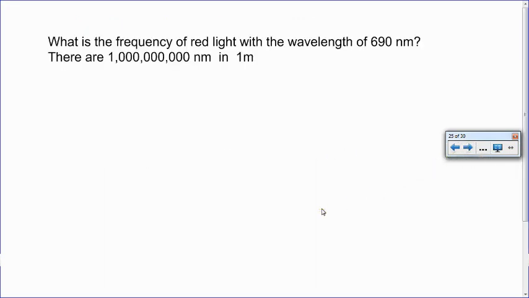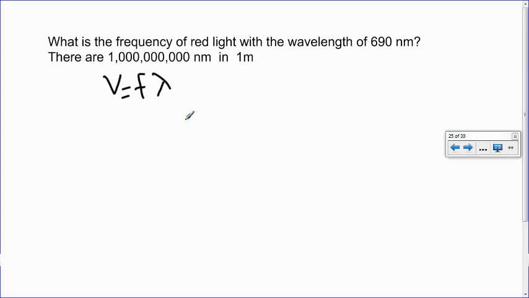So your questions will look something like this in an exam. You can see you're being asked to find the frequency. You're given the wavelength. So first of all, let's write down our wave equation. So velocity is frequency times wavelength, and we haven't got any velocity.